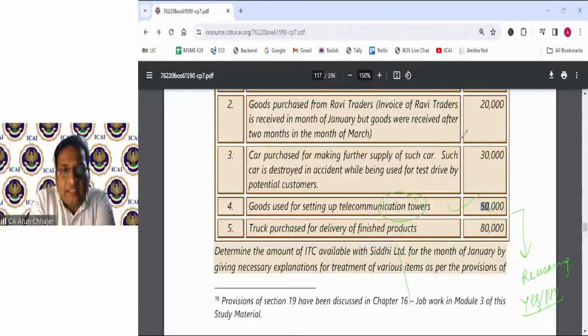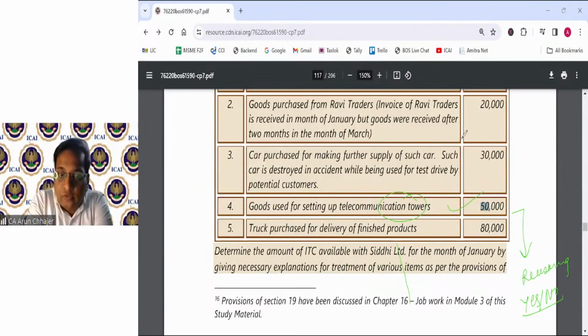You will say the goods or services or works contract service other than plant and machinery. But at the bottom, the plant and machinery excludes the telecommunication tower. It means if you have used the goods for setting up the telecommunication tower, which is not plant and machinery, ITC would be blocked.